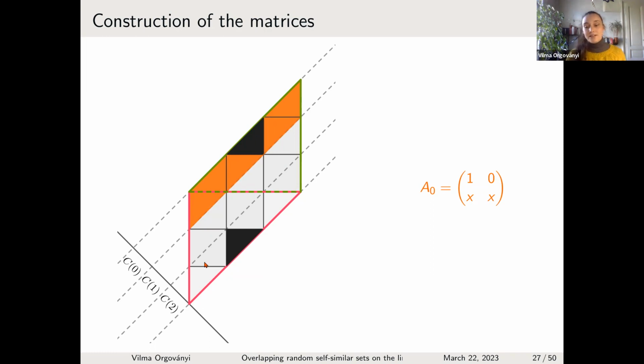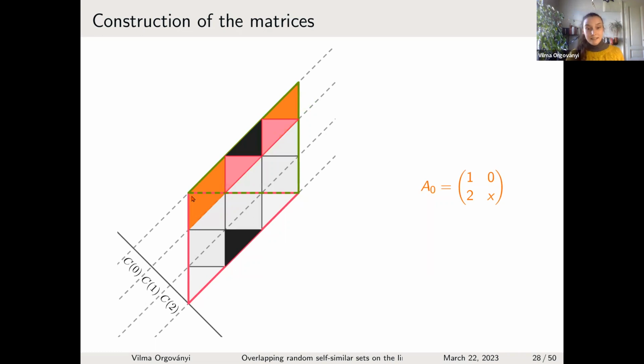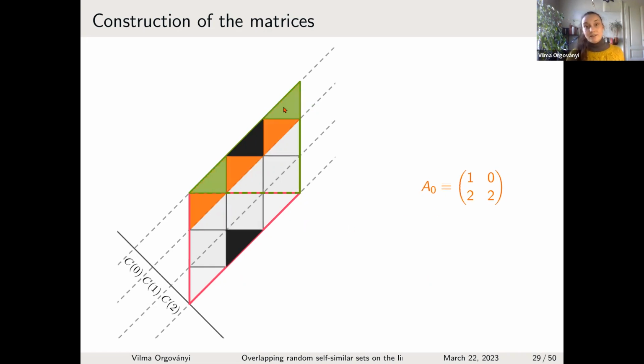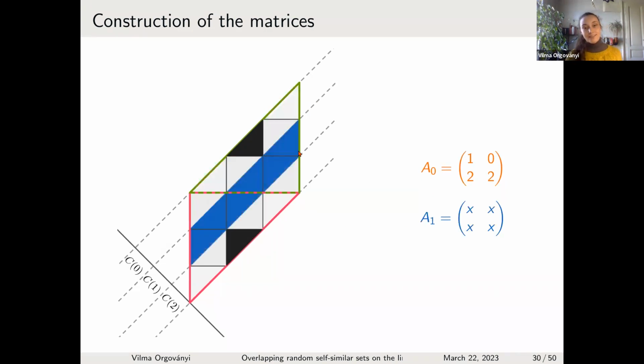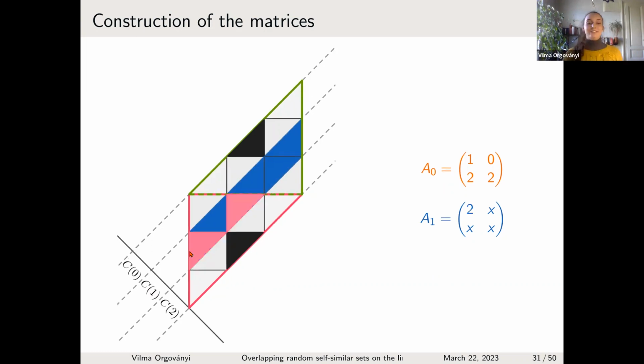And the second row is filled similarly. In the big green triangle, we have 2 small pink triangles, so the first element is 2, and 2 small green triangles, so the second is also 2. And we do the same thing in the second column. So we first fill the first row.